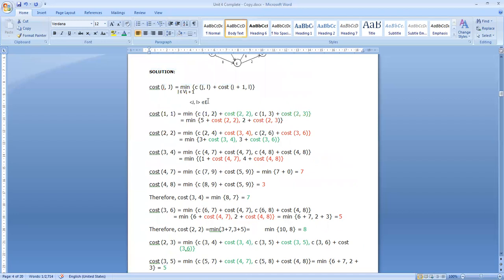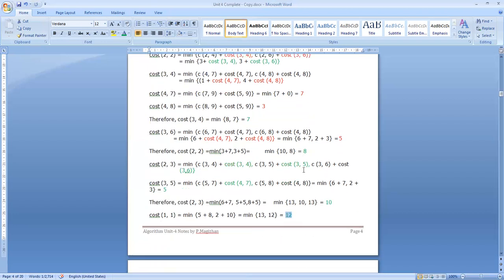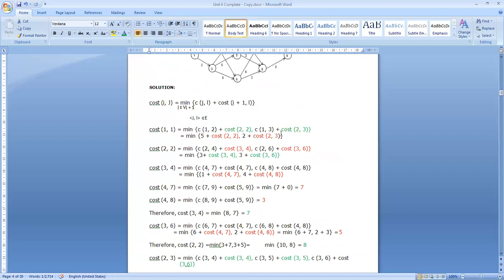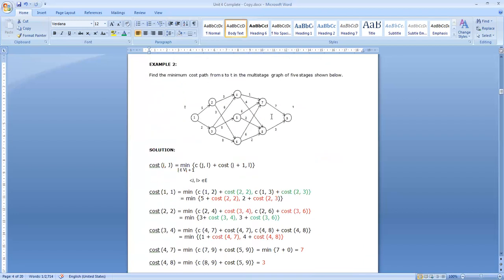What you should bother about is this particular recurrence relation and its meaning. Then we can solve this problem. Problems of this kind will be asked in the examination. Once you know this formula, the problem can be attempted very easily. Rest of the things we will see in the next class.